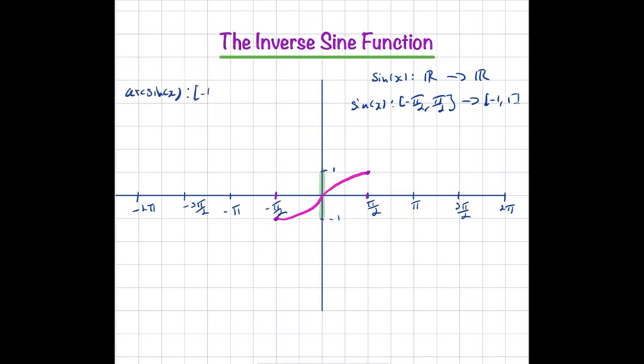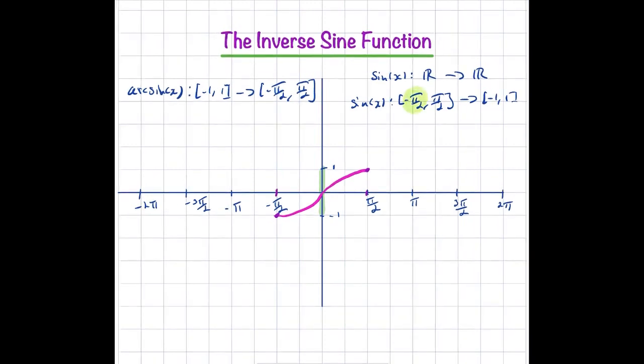And in particular, we know that sine of negative pi over 2 is negative 1, and sine of pi over 2 is 1.